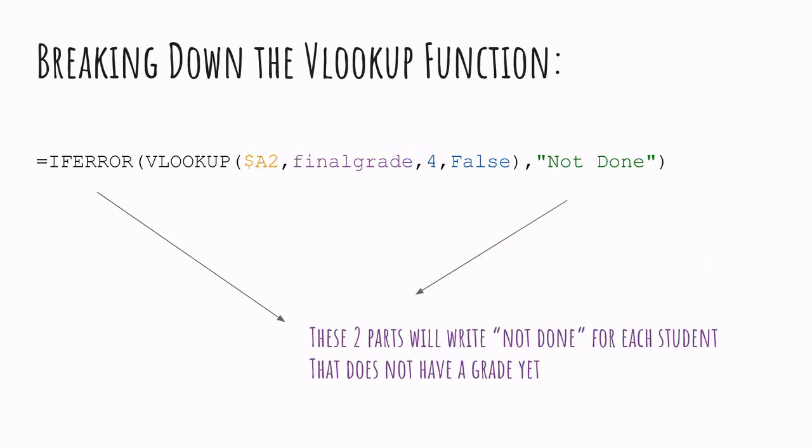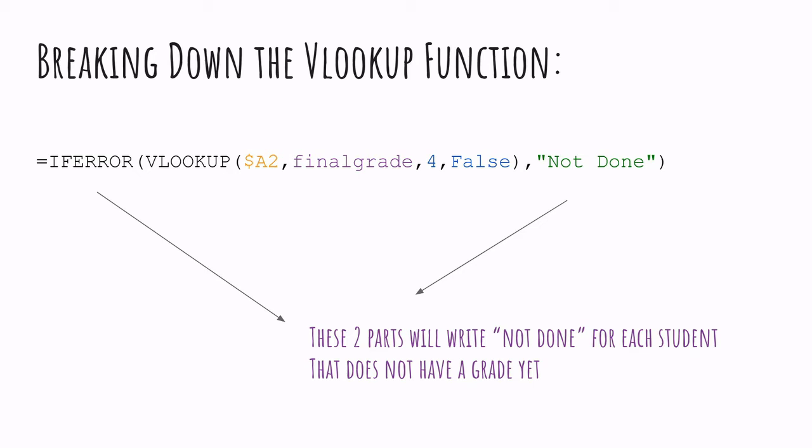I like to add a separate function on top that sort of encompasses the entire thing. It's an IFERROR function. And what it does is if it can't find the information I'm looking for, then it'll say not done in the student's grade rather than error, which is the typical one that it will lay out.